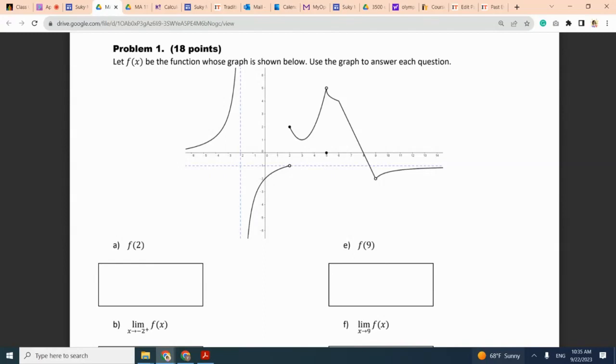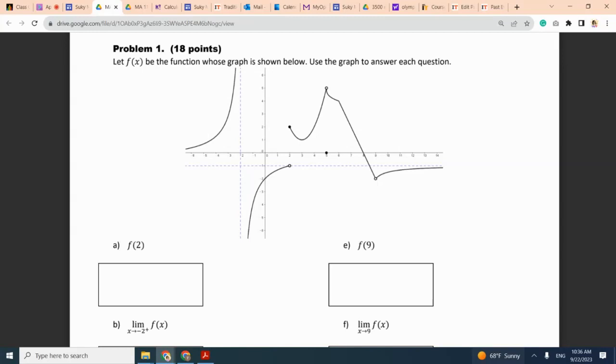And so for a function, if we cannot find a number, what terminology do we use to describe it? For a function, if we don't have a number there, we say undefined. For limits, if we don't have a number to describe it, then what do we say? Does not exist, D-N-E, okay?